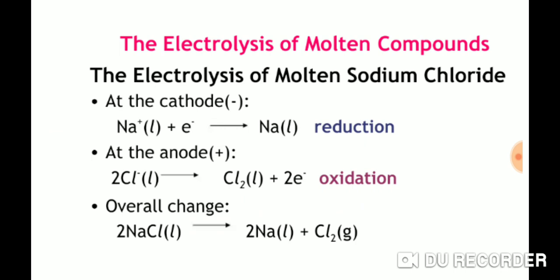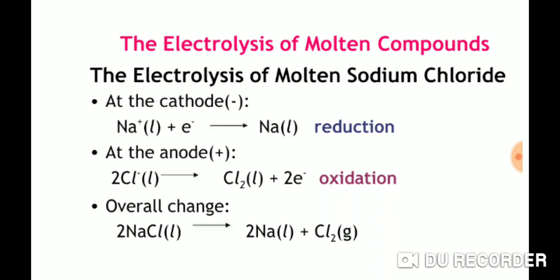Now let us discuss the electrolysis of molten compounds, that is NaCl. The first example is the electrolysis of molten sodium chloride. NaCl dissociates to form Na+ ions as well as Cl- ions. At the cathode, sodium ions move towards the cathode, gain electrons, and get reduced to sodium.